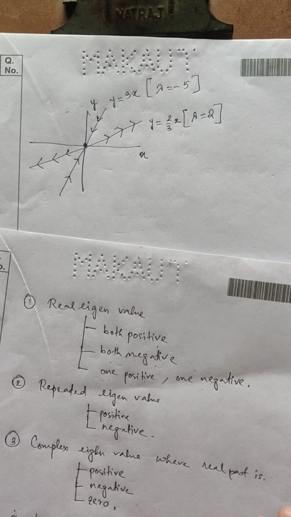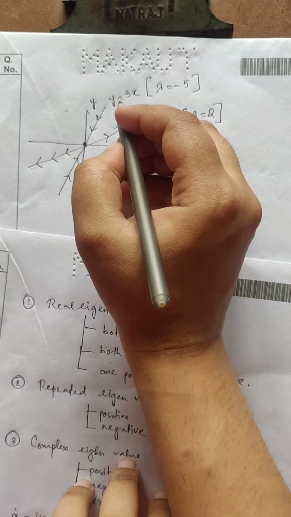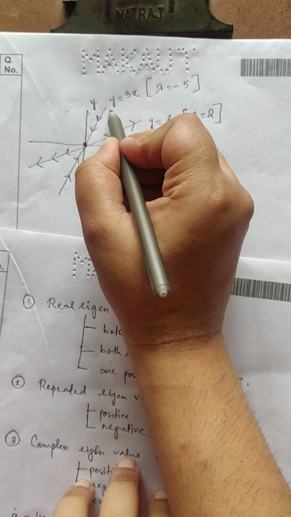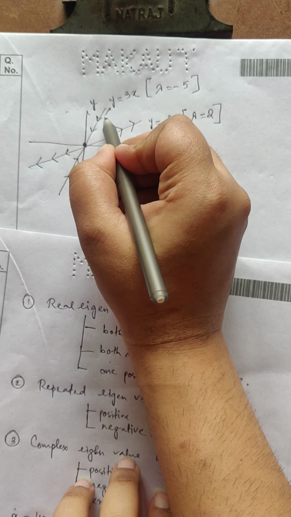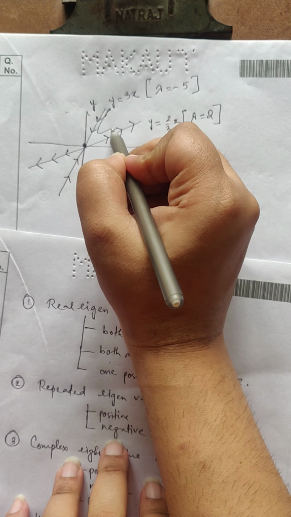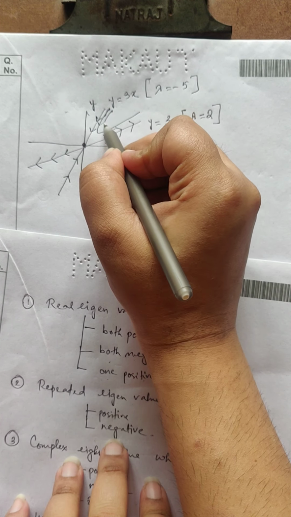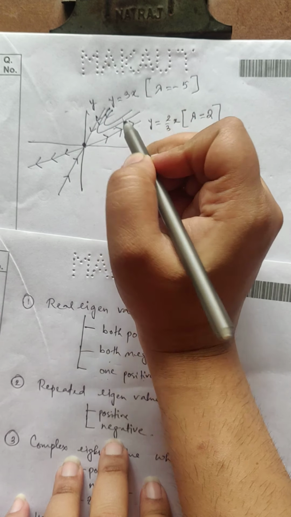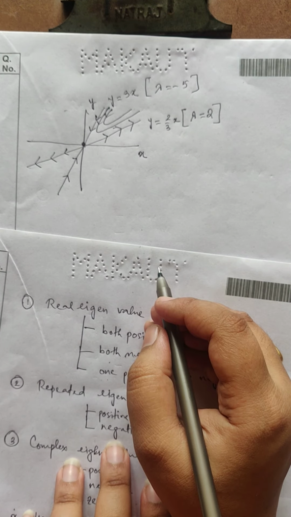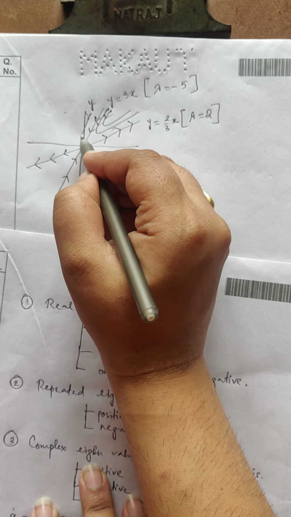Now to draw the phase portrait, what will I do here? What do you see? How does this curve start? This curve starts from here, following this particular arrow, and then goes out. This is my first. You can draw some more to make a family of phase trajectories. Same way you can also draw it here like this.